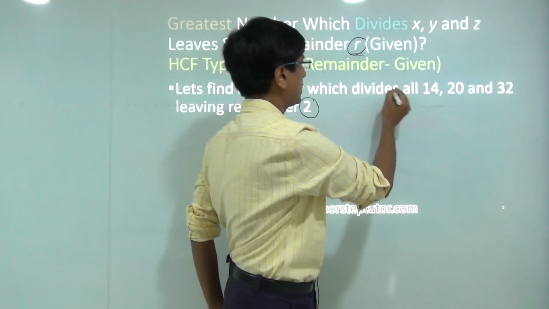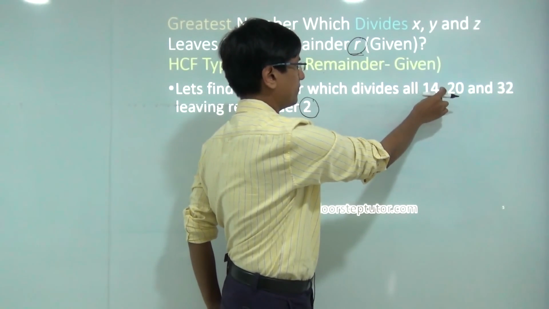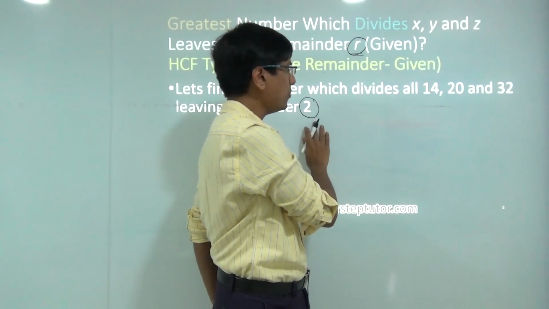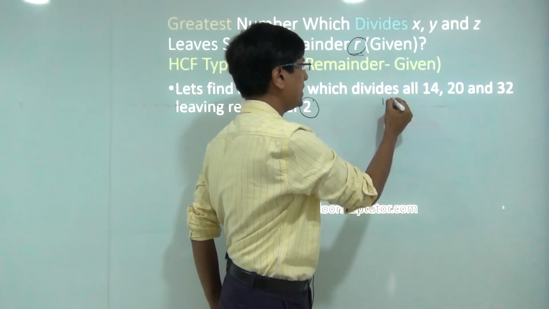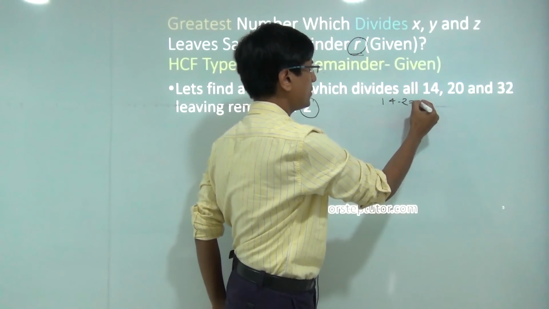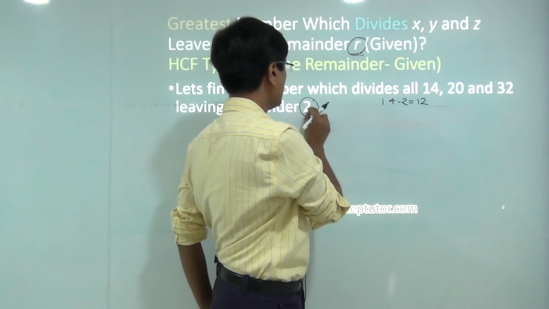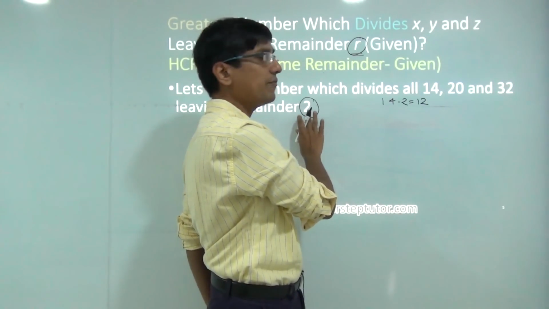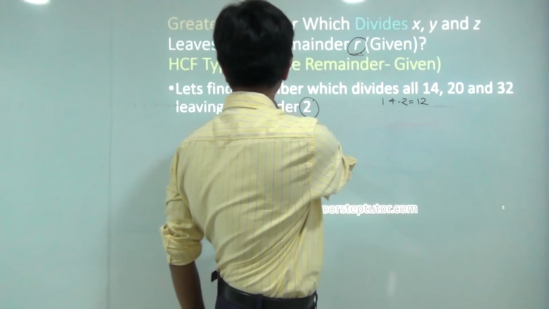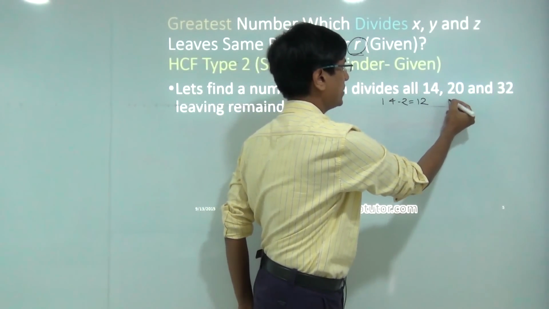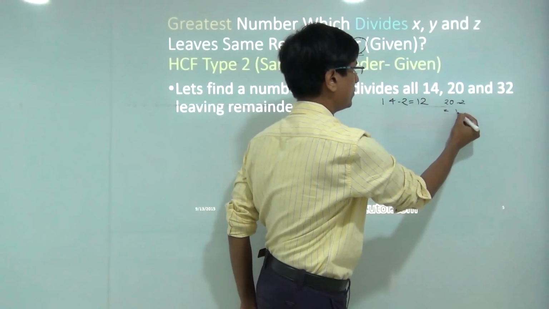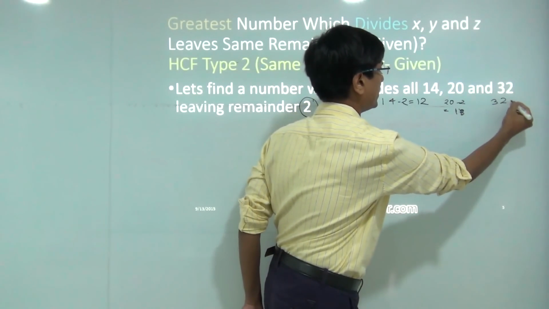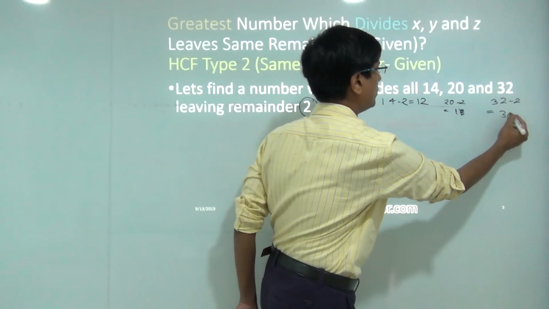Now when 14 is divided by that number, we are left with a remainder of 2. So that number should completely divide 14 minus 2, equal to 12. Similarly, this number should completely divide 20 minus 2, which is equal to 18, and this number should completely divide 32 minus 2, which is equal to 30.